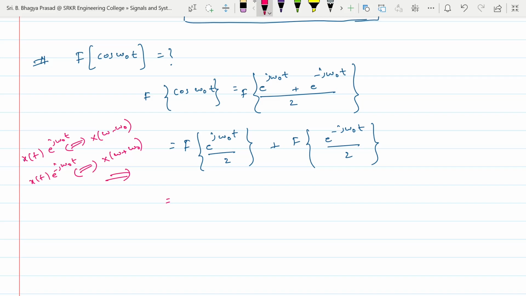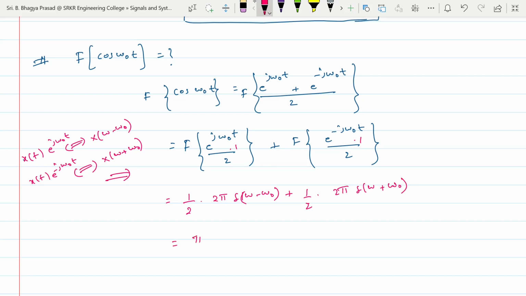Here x of t is simply 1. Already we have seen that e power j omega naught t has Fourier transform 2 pi delta of omega minus omega naught. So 1 by 2 times 2 pi delta of omega minus omega naught plus 1 by 2 times 2 pi delta of omega plus omega naught.